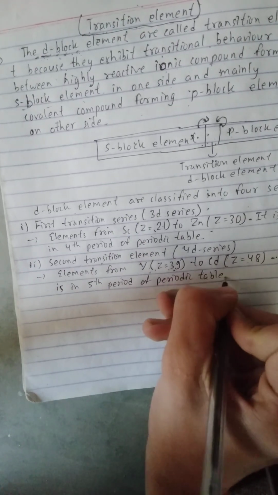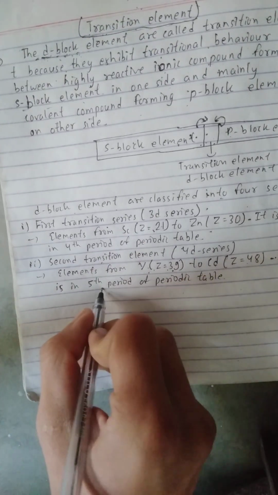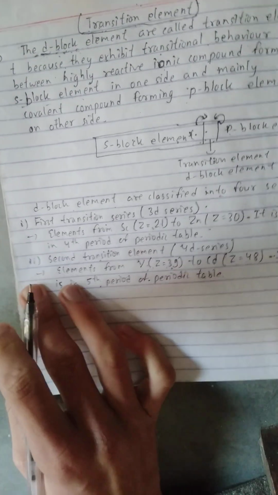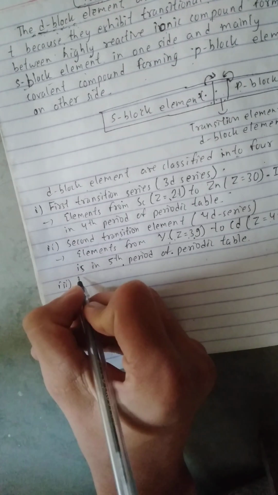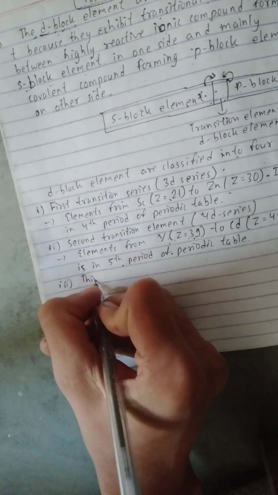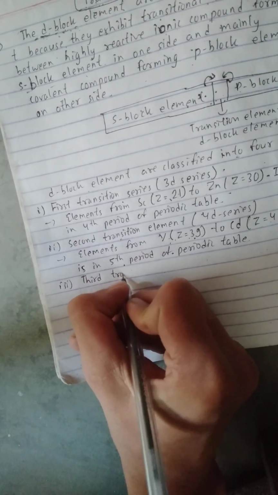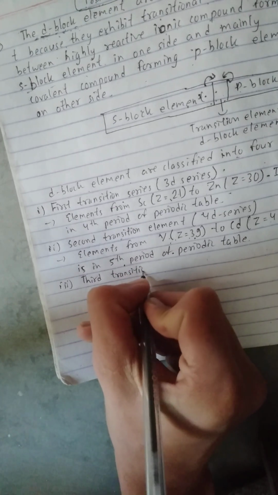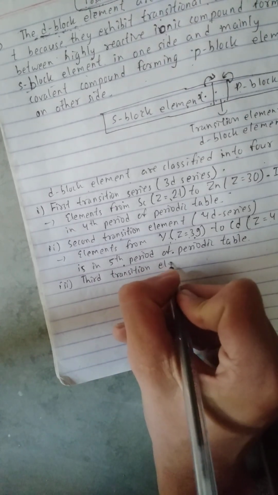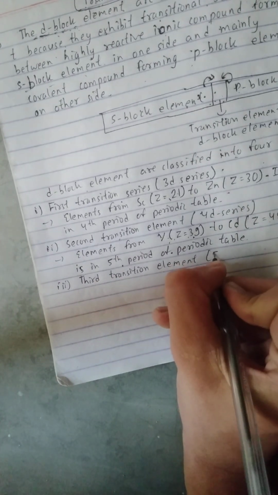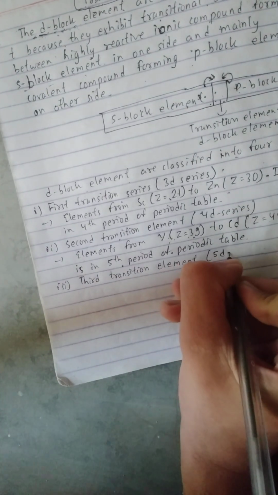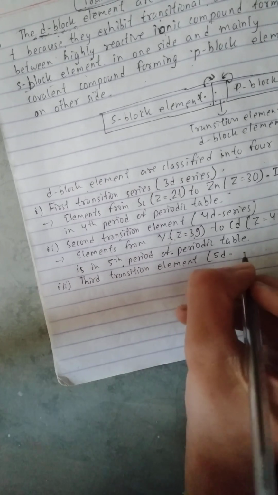If we look at the fifth period of the periodic table, then you will find about these elements in a brief way. And the third transition element is the 5D series.